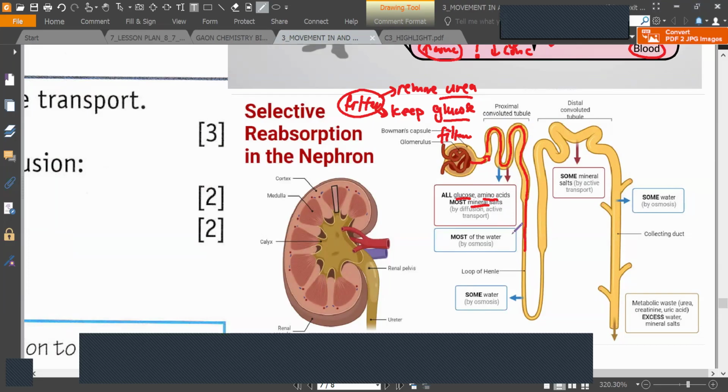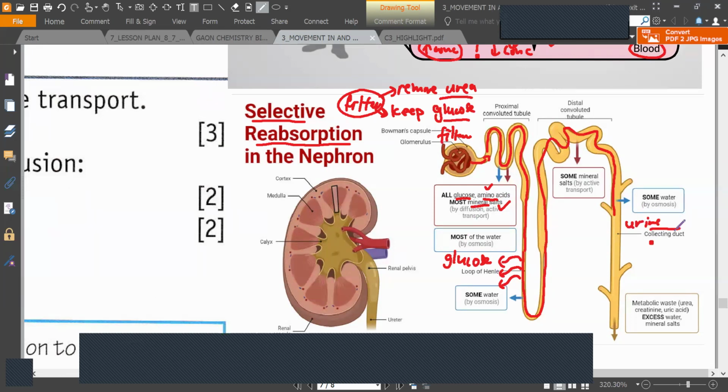As they go through this tube, we need selective reabsorption, to get back what we want. Mostly we want to get back our glucose, also some amino acids and mineral salts. The glucose returns to our blood, and the urea just follows this tube and turns into our urine.